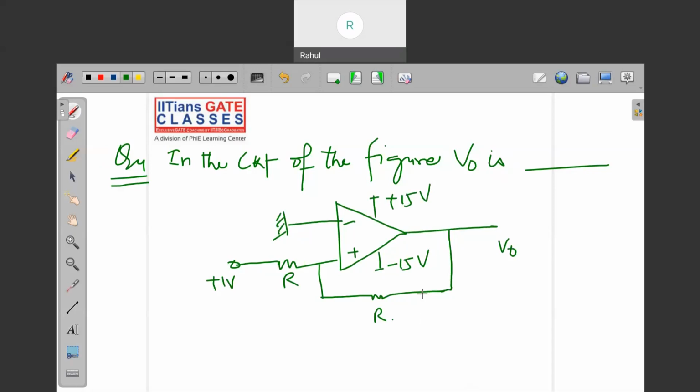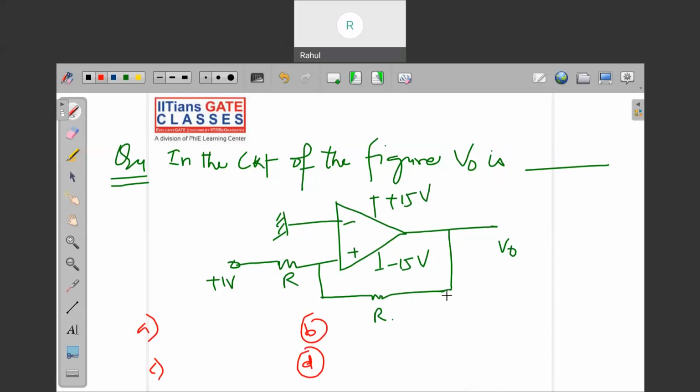This is a very good question. Options A, B, C and D are given.